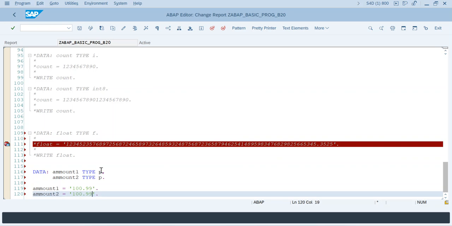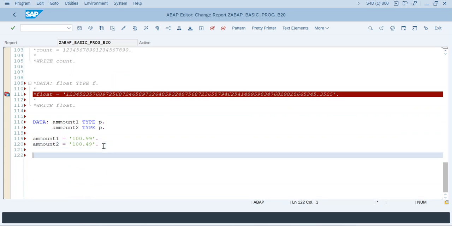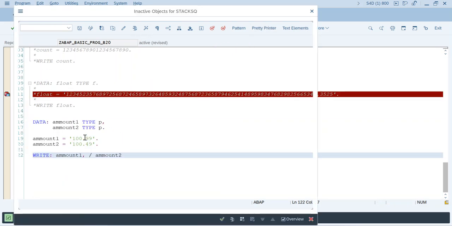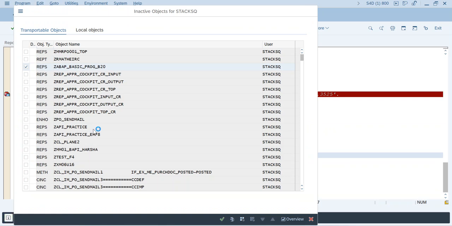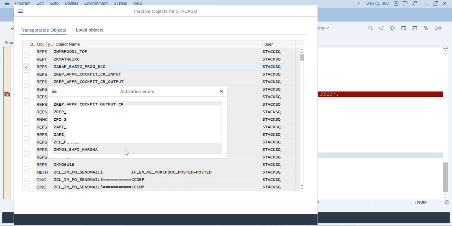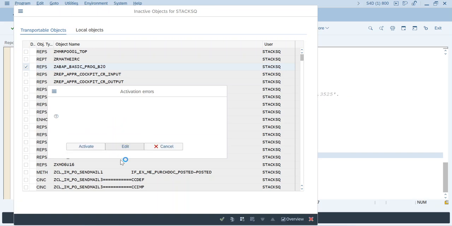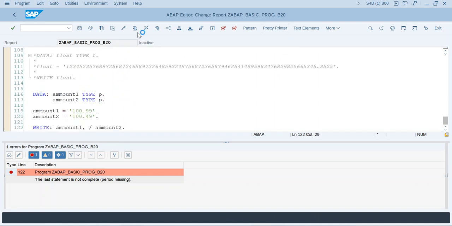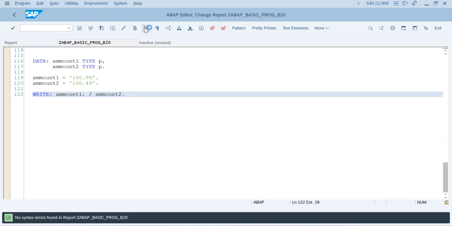So here I'll just store like 49. Do pretty printer and let's see. Okay, so there is no decimal place that I have provided. I have not told the system that there is also a decimal place in the number. It's saying period is missing. Check for an error, then activate.